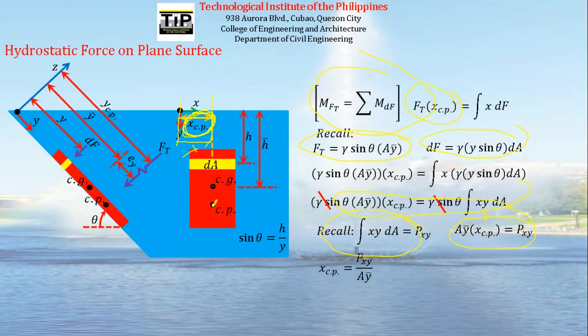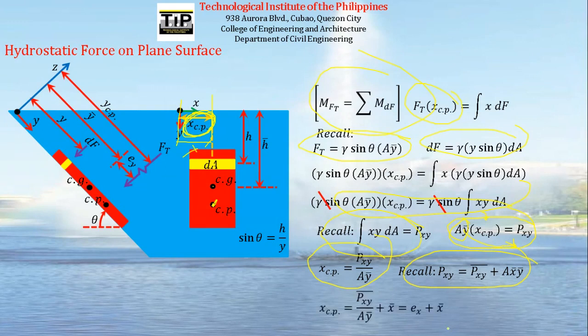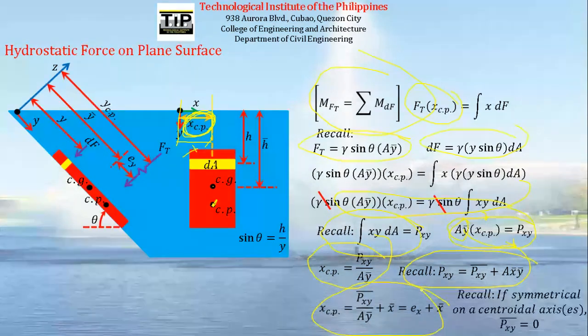And then cross multiplying A y bar on this side, so we will get this equation. But recall, Pxy is equal to P x̂ŷ plus A x bar y bar. The equation will look like this.